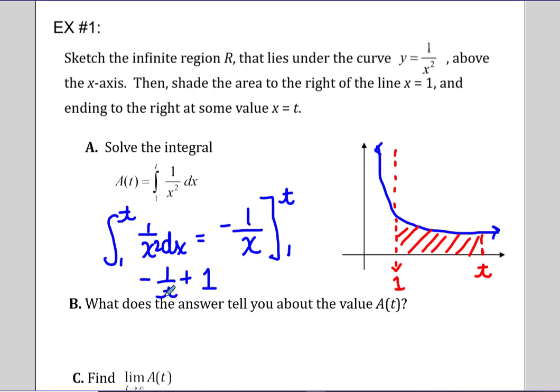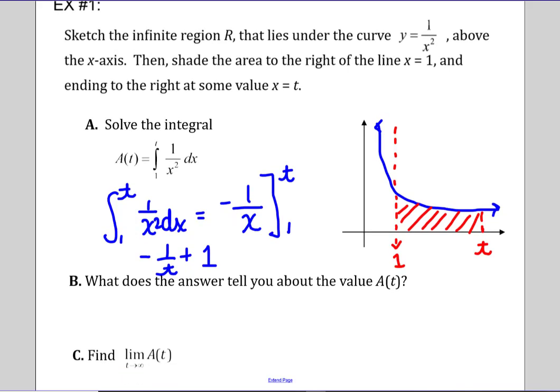So what does that tell us about the behavior of that shaded region? If we consider some large value of t, the value is really close to 1. So that tells me the limit does exist.